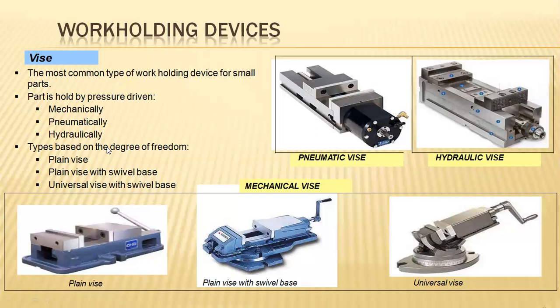And in the advanced cases, those are mechanically operated, but most probably we have different kinds of work holding devices for very tight fixations, which are operated on a mechanical basis, hydraulic basis, and pneumatic basis. As per the mechanical basis, these are the universal vices, plain vices with swivel base, and plain vices where manual rotation of the lever commences the action.